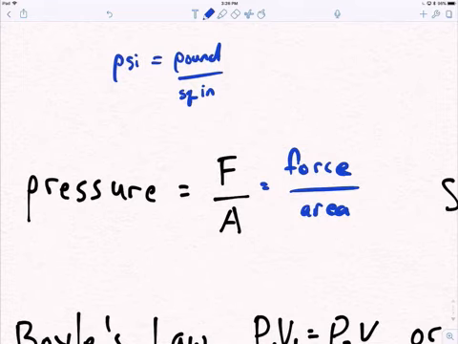So if you're a firefighter and you need to shoot water 100 feet up, so water is very frequently used to put out fires. Another surprising thing you learned today in chemistry class. So let's say I need to shoot water 100 feet up in the air. How do I do that?